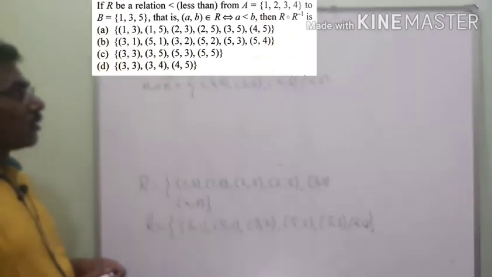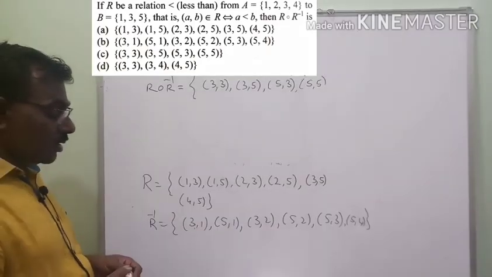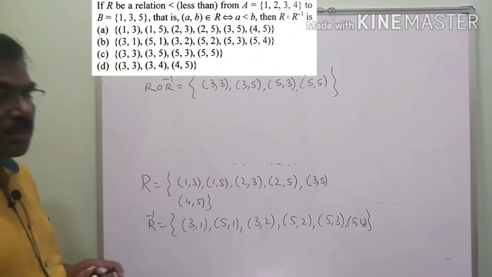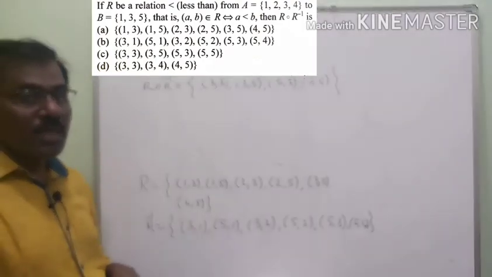Okay, 3 3, 3 5, 5 3, 5 5. So this is the answer. Option 3 is the correct answer.